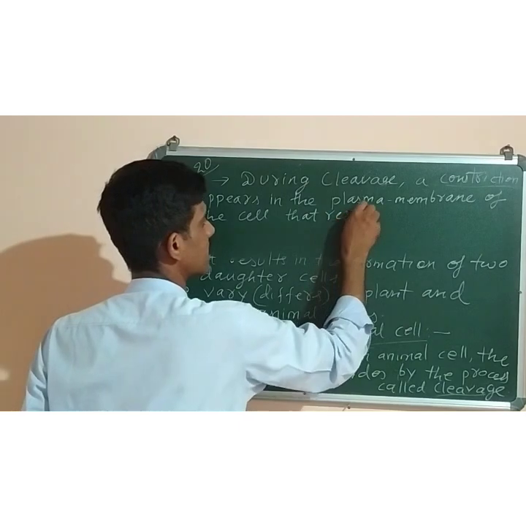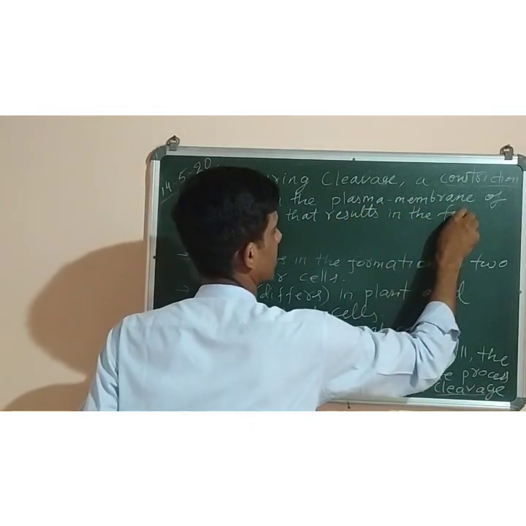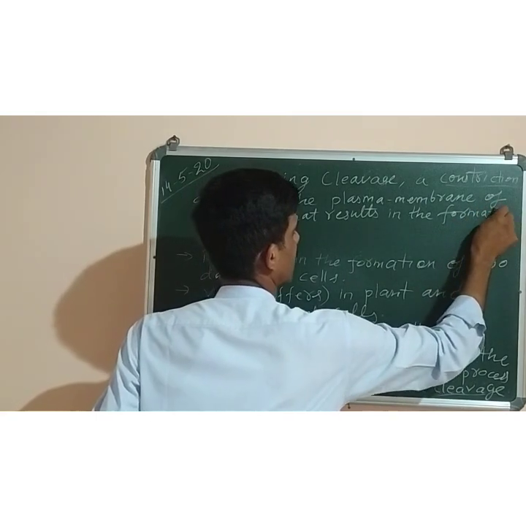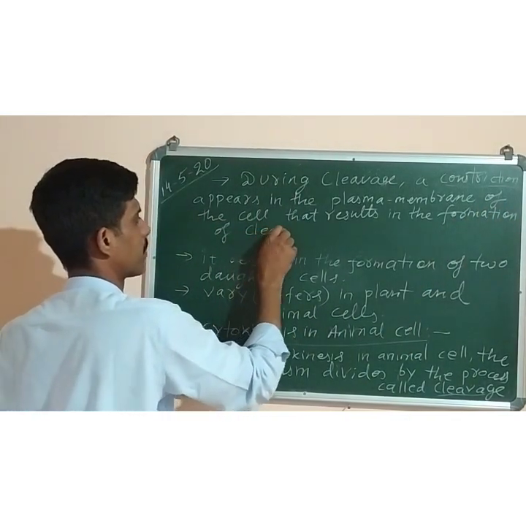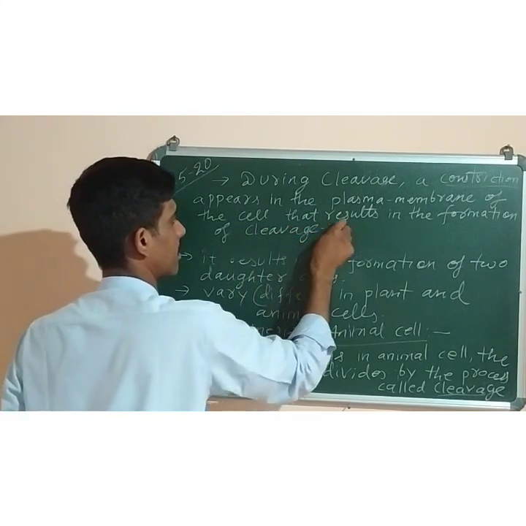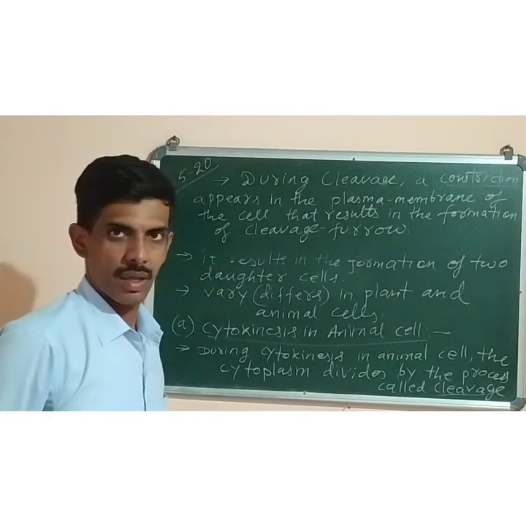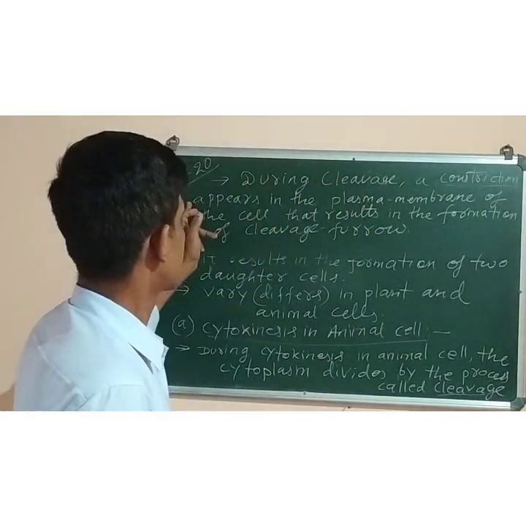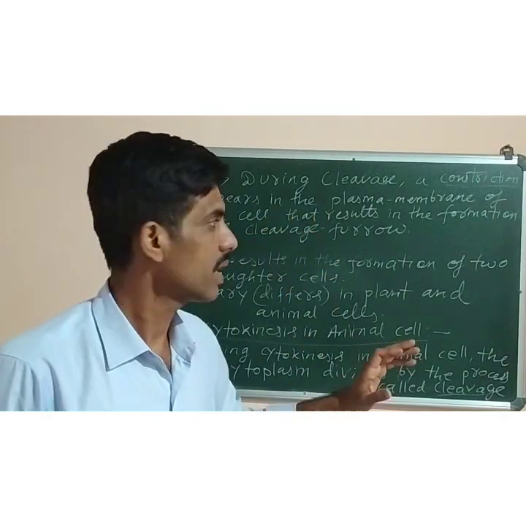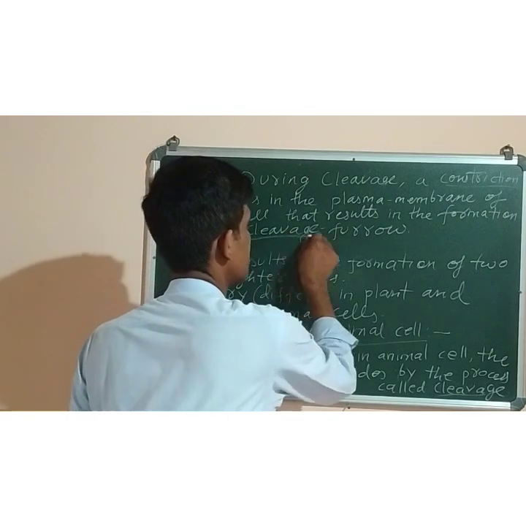That results in the formation of cleavage furrow. Okay. So second point, I said during cleavage a constriction appears in the plasma membrane of the cell that results in the formation of cleavage furrow.